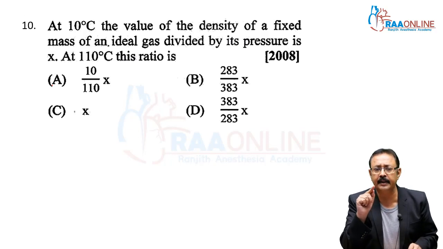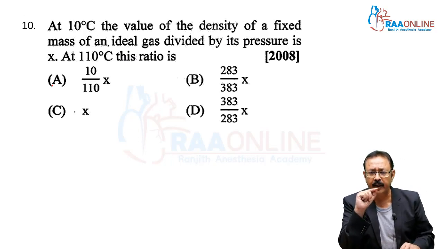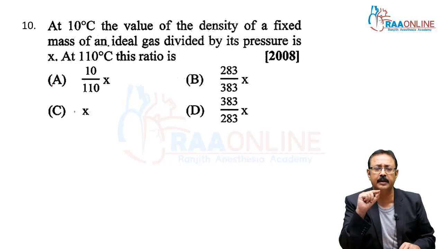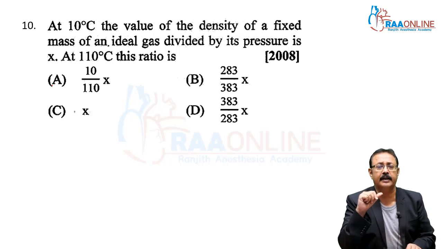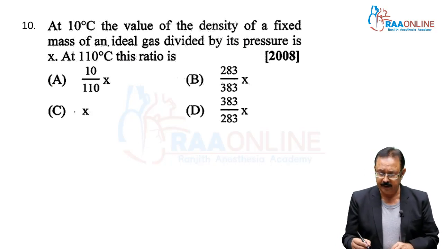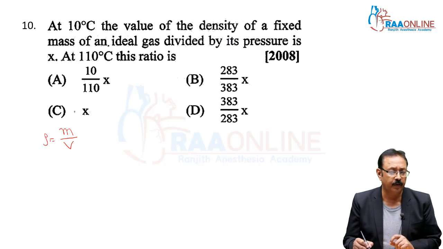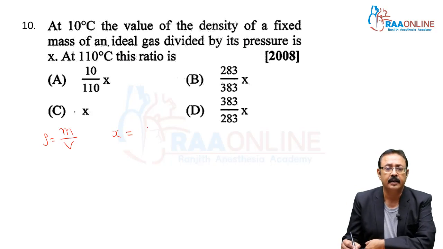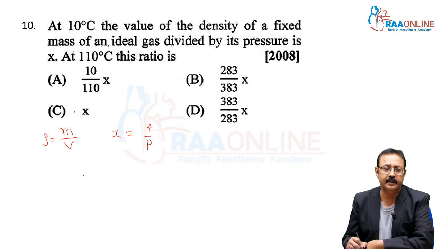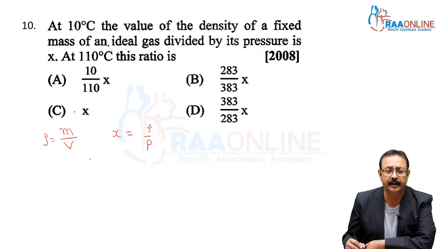Next, at 10 degrees centigrade, the value of density of a fixed mass of an ideal gas divided by its pressure is x. What are they saying? They are saying mass divided by volume. We know that mass divided by volume is density. But what they are saying is x is density divided by pressure.